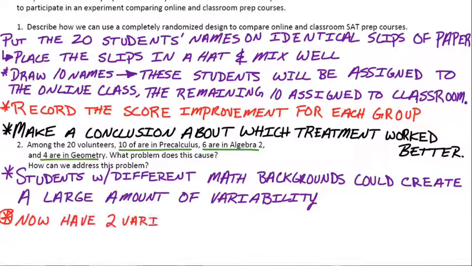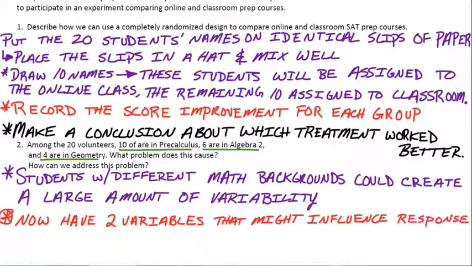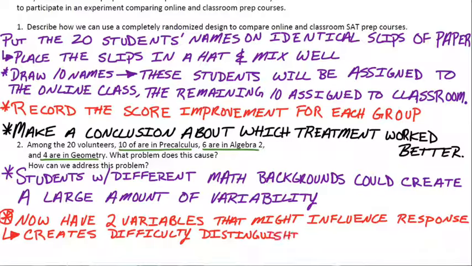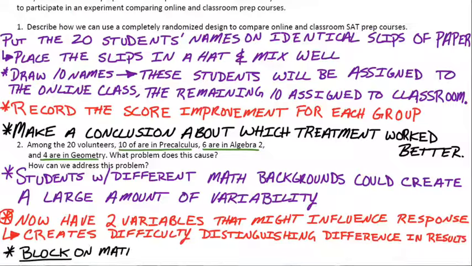So now we have two variables that might influence the response. So this creates difficulty, like with distinguishing what the effects really were. Was it because of the online classroom, or was it because this person was already in geometry or pre-calc or whatever?